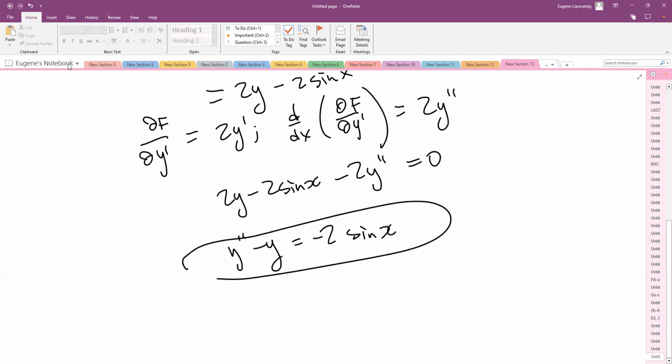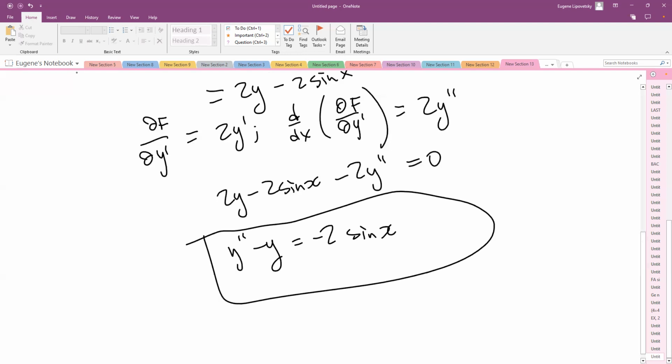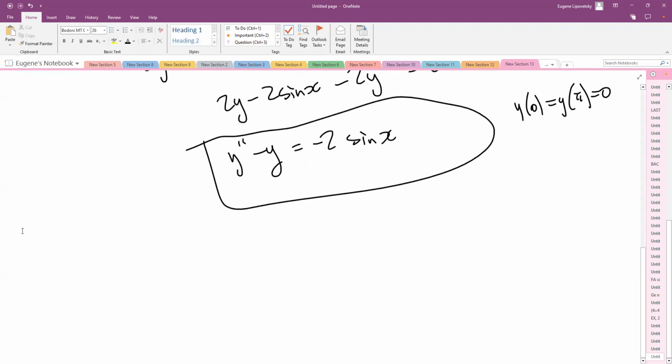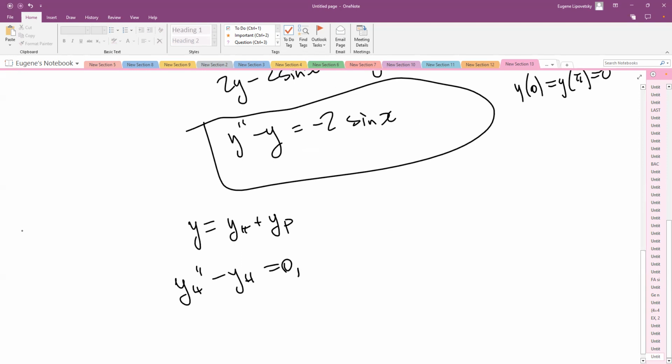And the boundary conditions are y of 0 equals y of pi equals 0. Right? So we'll solve this non-homogeneous equation. So we'll have y equals yh plus yp. yh double prime minus yh equals 0.